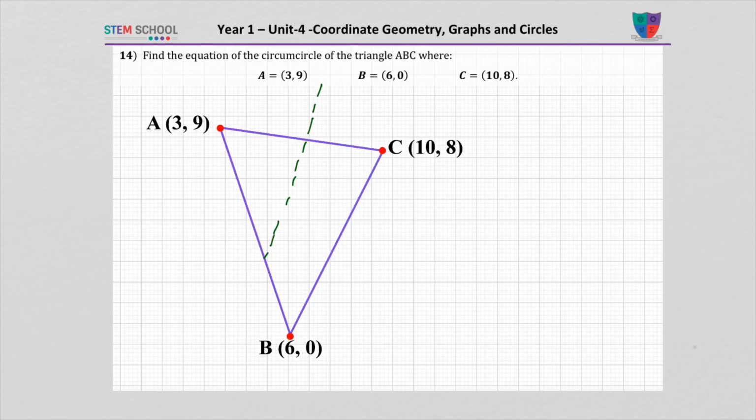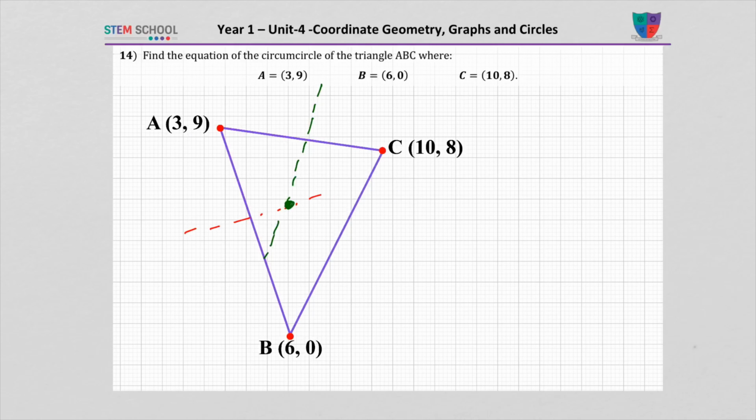And also, if we bisect this line AB, we get a line coming through there. Or even if we bisect BC, we have to bisect at least two of them. Where the points meet will be the center of the triangle, which will then be the center of the circle.